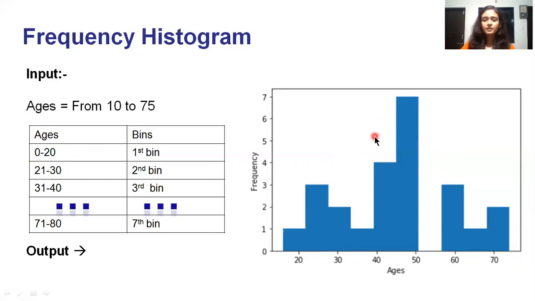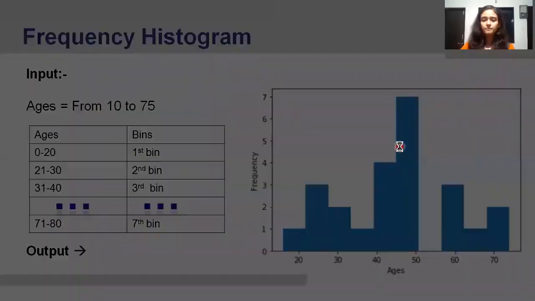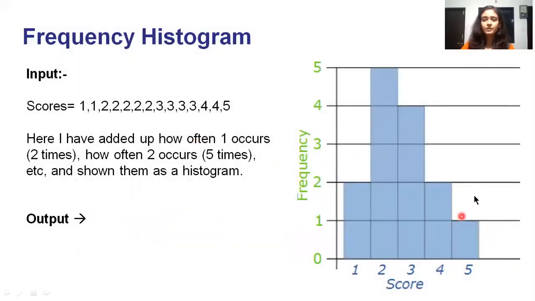Then from this data set you can observe that the ages of most people lie in the bin between 40 to 50, because here the frequency is highest. You can see which number is occurring very frequently, which number is occurring the maximum number of times.